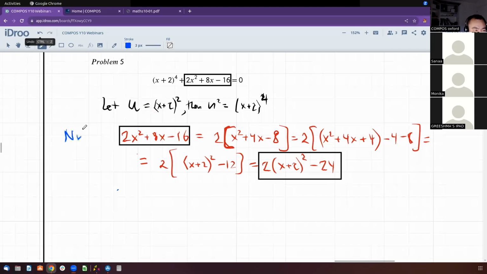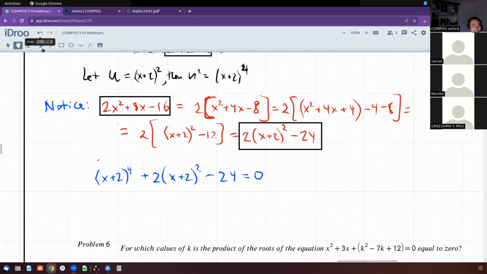We notice that x plus 2 to the power 4 plus 2, open bracket, x plus 2 squared minus 24 equals 0. And what do you notice? You notice that this is u squared plus 2u minus 24 equals 0.